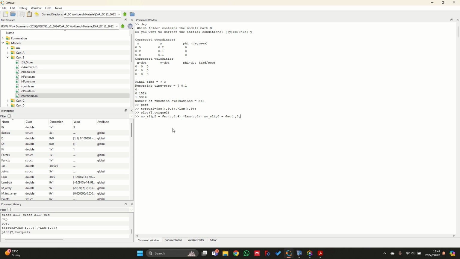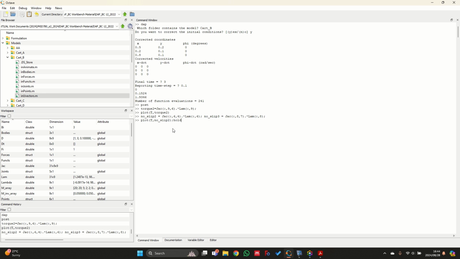This will be row 8, column 7, dot multiplied by Lagrange multiplier, and this will then be column 8 as well. Okay, so then I'm just going to say plot T, no slip 2.